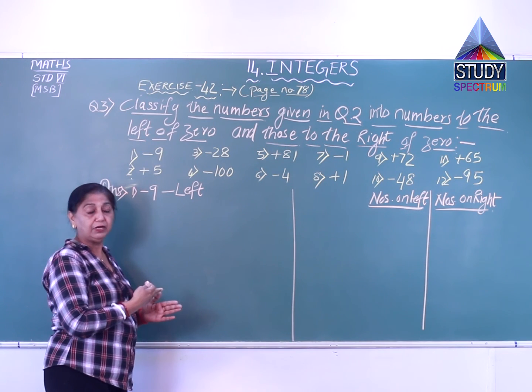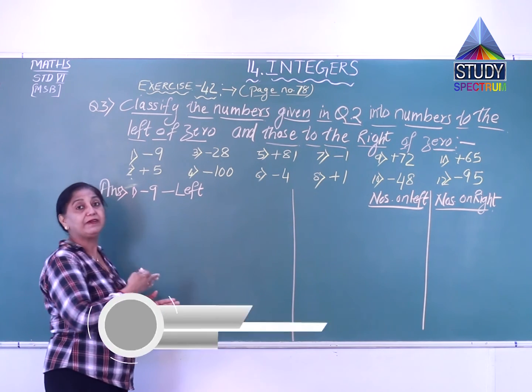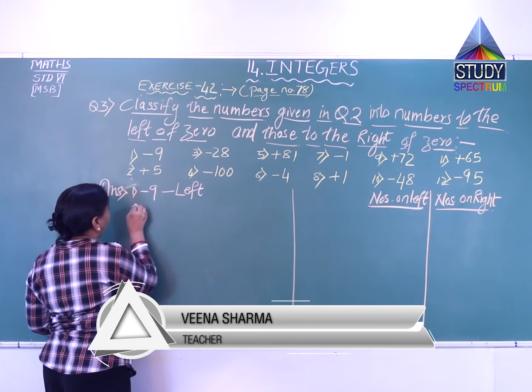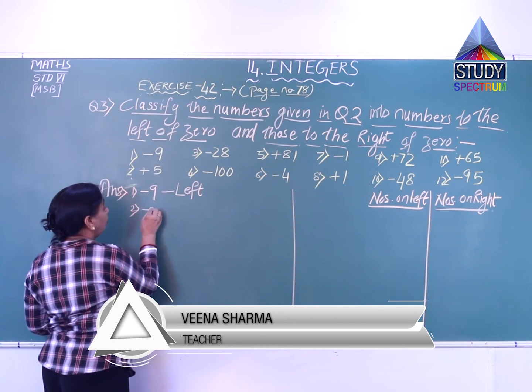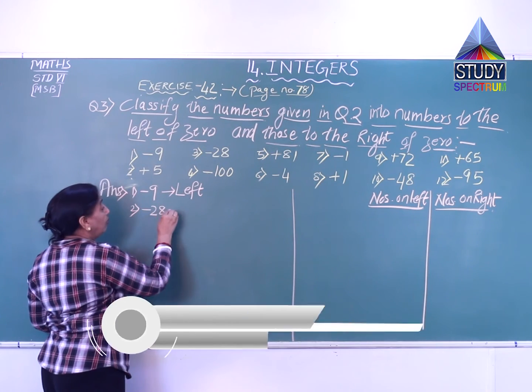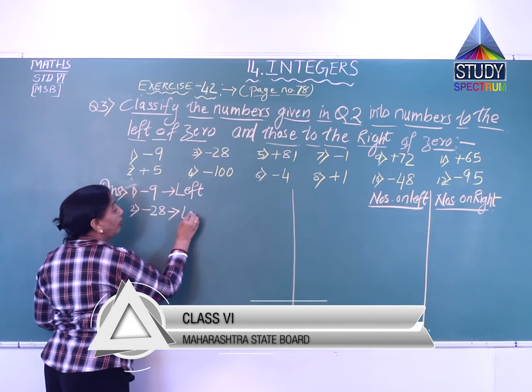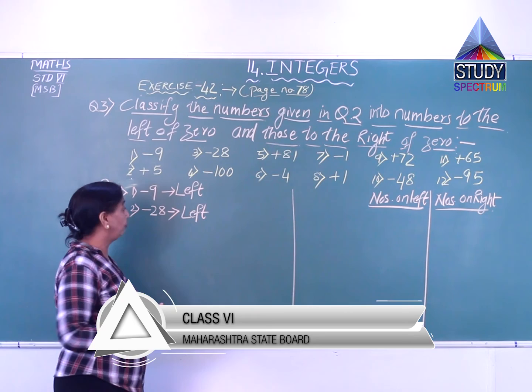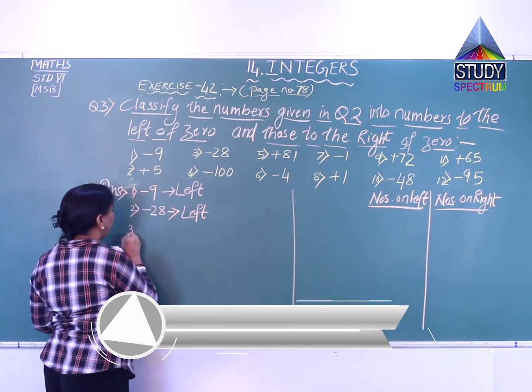So it will lie on the left hand side of the 0. Now the second one is also negative 28. So whenever a negative number is there, it will be on the left hand side of the 0, that is origin.